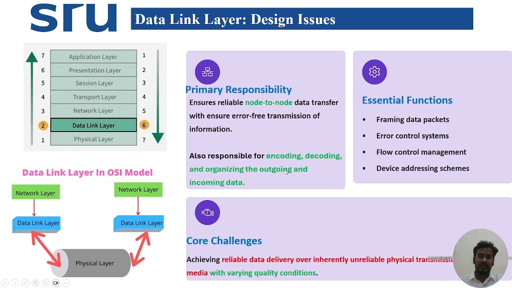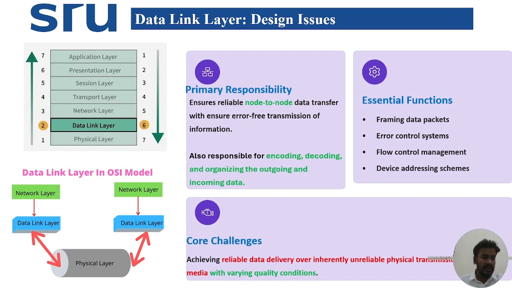Coming to the essential functions, as we know: framing packets. The packet should be framed, and error control systems and flow control management should also be maintained by the data link layer, along with device addressing schemes. This is a simple diagram which explains how the data is communicated.